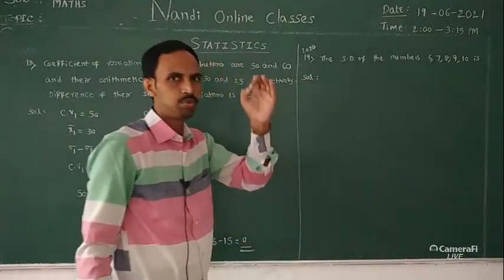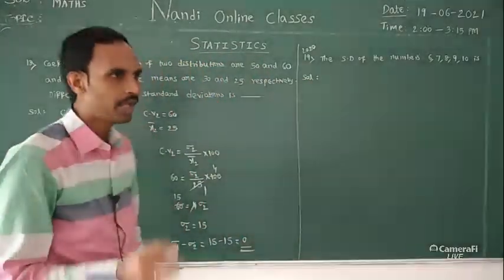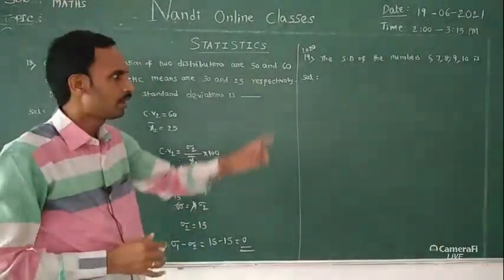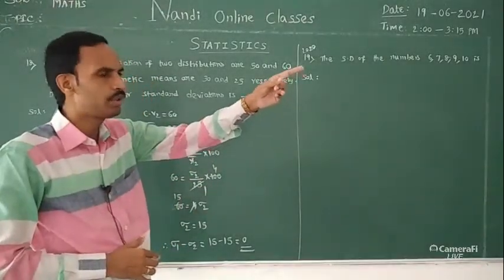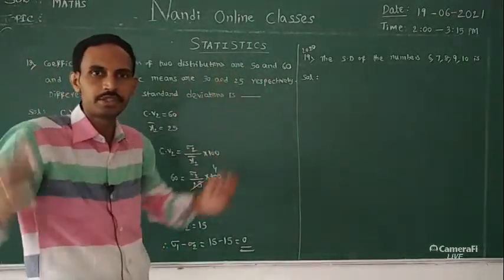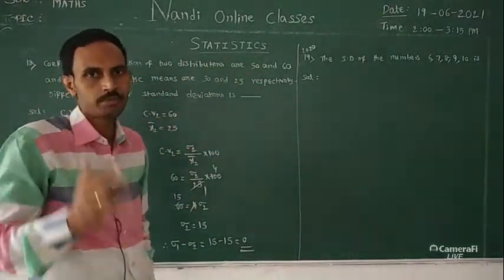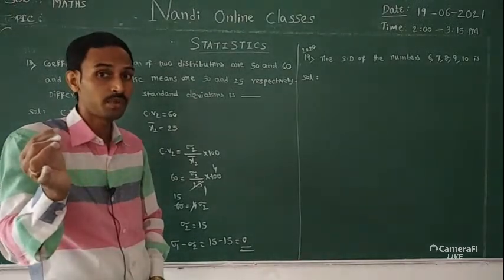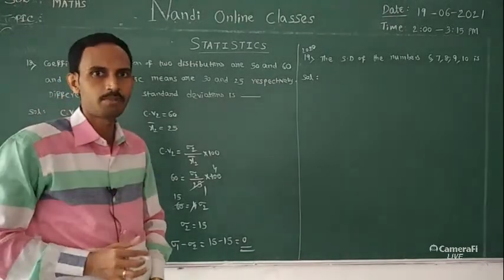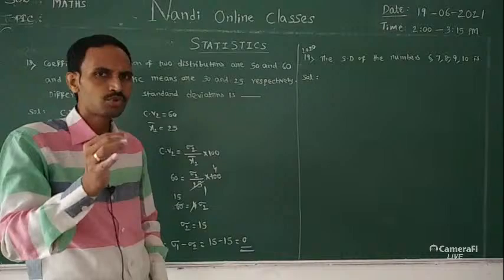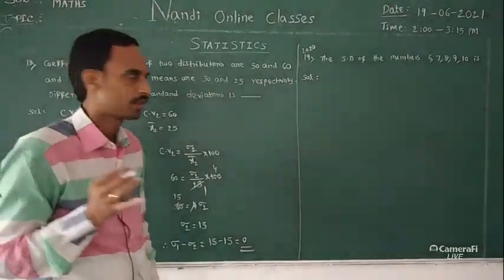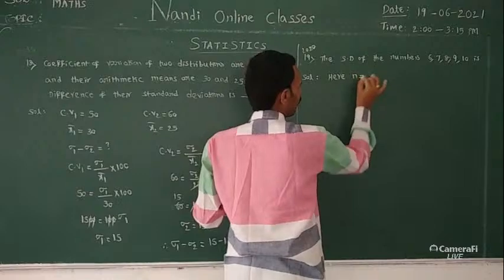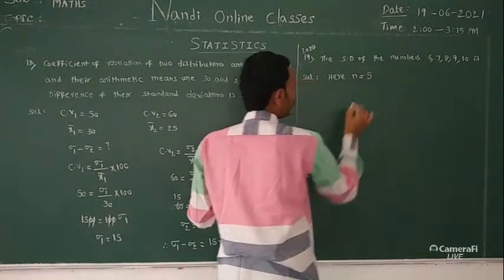Here 5 numbers are given, we are going to find their standard deviation. Observe that all are consecutive natural numbers. So for consecutive natural numbers, the standard deviation of the first n natural numbers formula is root of n square minus 1 by 12. So here n is equal to the number of observations, 5.